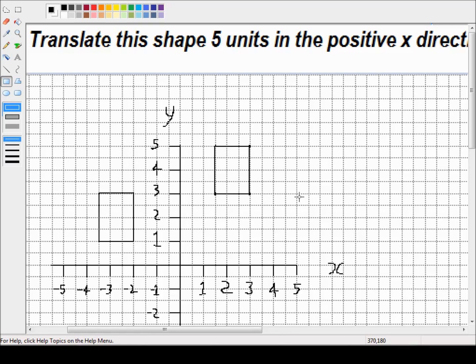Another way you could translate is if you have some tracing paper, you could just trace around the original shape and then follow the instructions with your traced shape on your tracing paper. So in this case you would move the entire sheet of paper 5 units to the right and 2 units up.